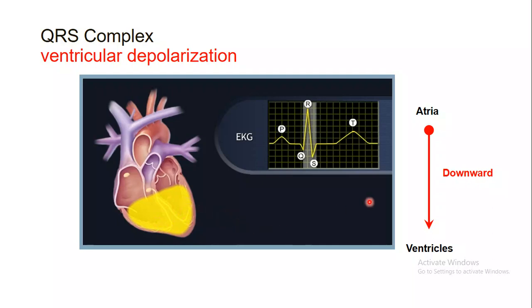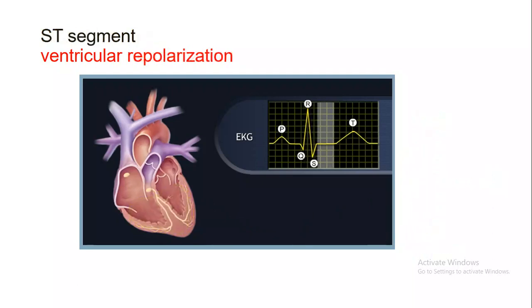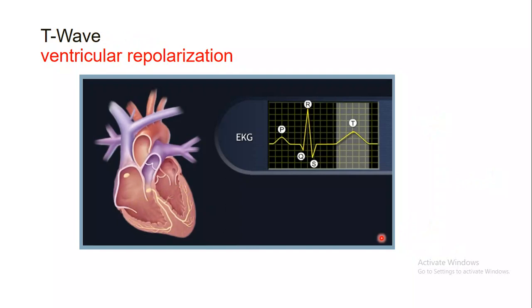The direction of conduction is from atria to ventricle, so it is downwards, followed by repolarization wave as seen here. So the electrical axis of the current of depolarization is moving from right to downwards and to the left, and this is important for the other slides.